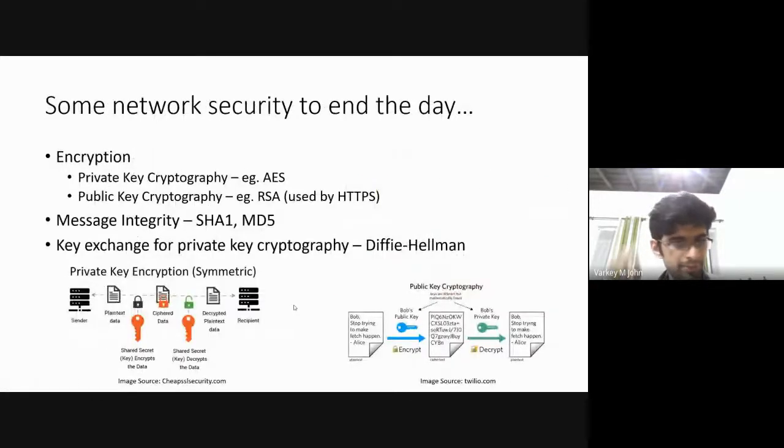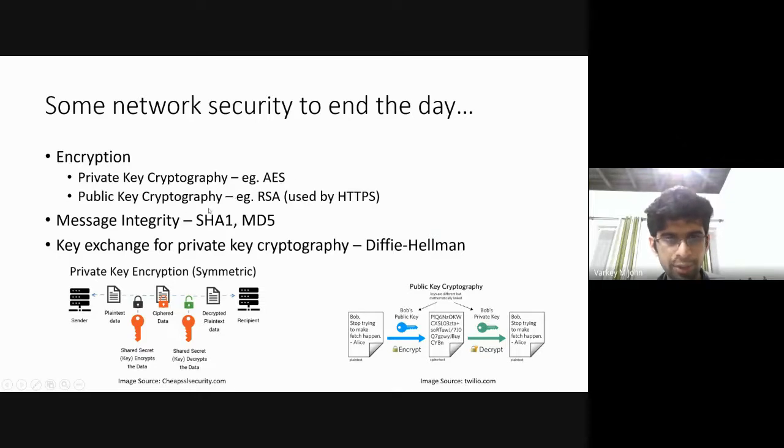And then finally, some network security to end the day. So we have encryption: private key encryption and public key encryption. Private key encryption is basically you have a single password for both users, and both users use the same password to encrypt and decrypt. One of the protocols is AES, which is very secure.